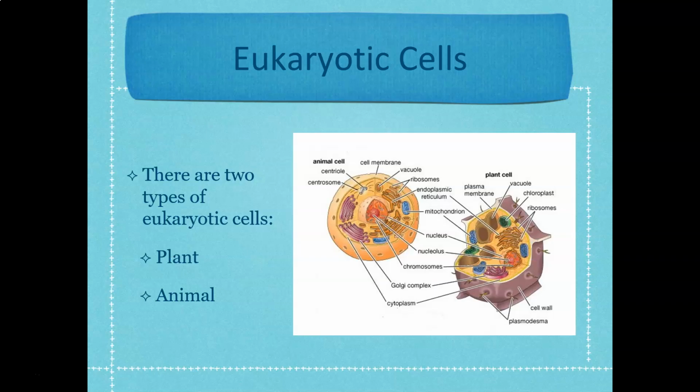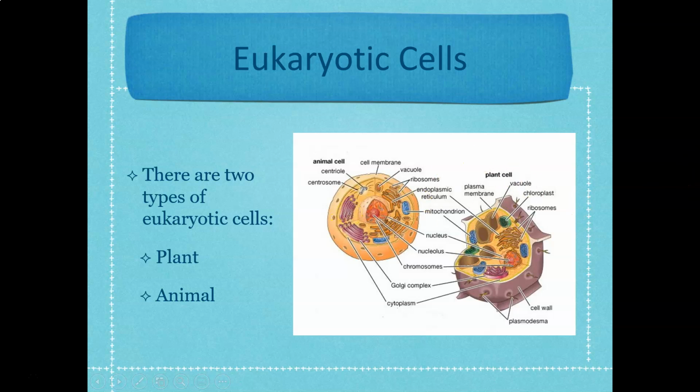Okay, so the rest of what we're going to talk about are the eukaryotic cells themselves and what is in those cells, what's not in those cells, what makes a plant cell different from an animal cell, and just the basic functions of the organelles themselves. So when we look at eukaryotic cells, we're going to split them out from plant versus animal. So plant cells here, animal cells here.